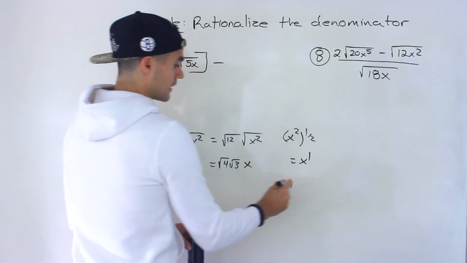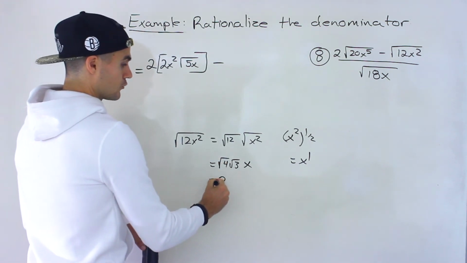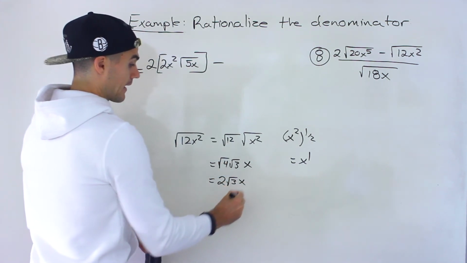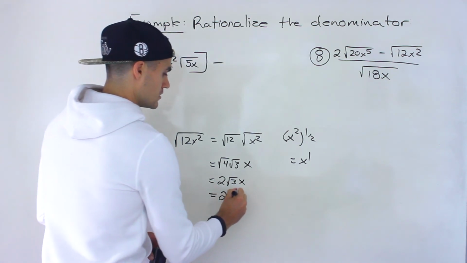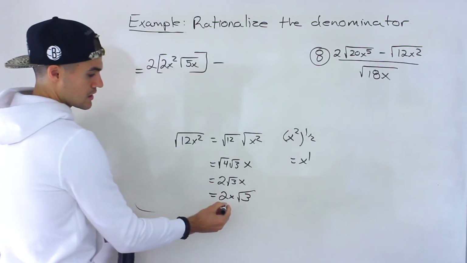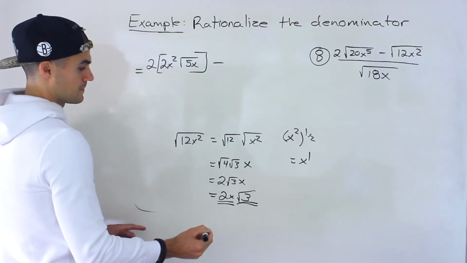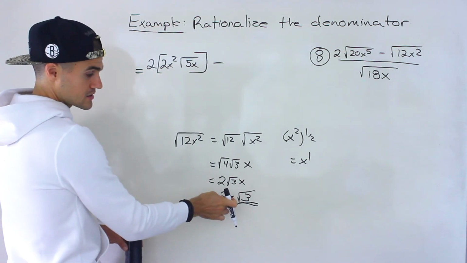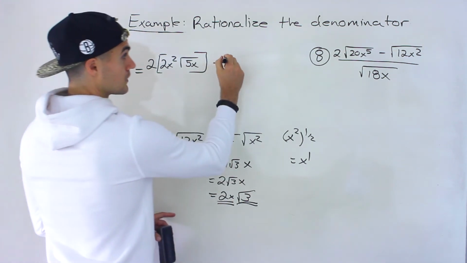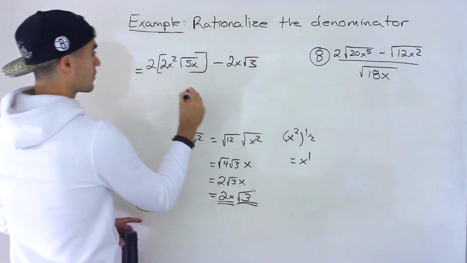Multiply those, it would be like x to the 1. The x would just be by itself. And then from here, we'd end up with 2 root 3x. And I'm actually going to put the x with the 2 just to separate the regular terms from the radical terms. Right? So the root 12x squared simplifies to 2x root 3. So we would end up with minus 2x root 3 over here.